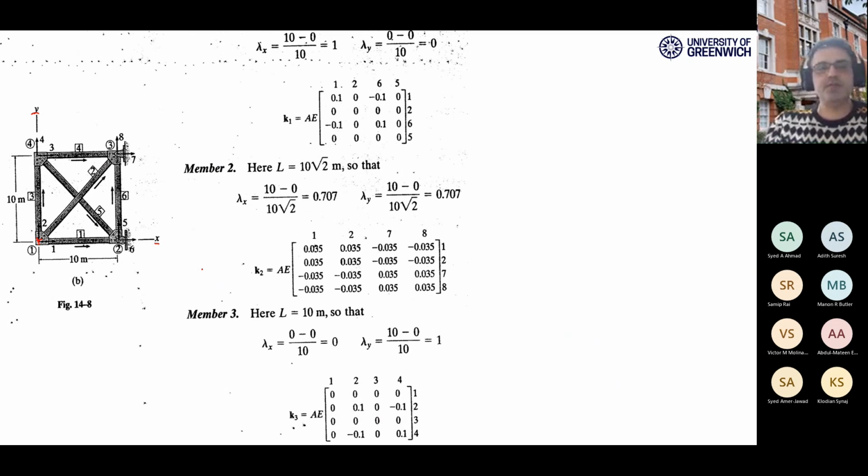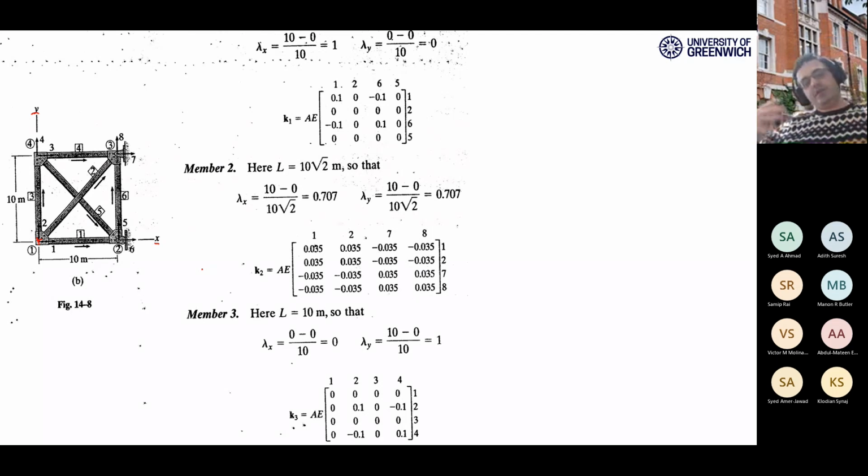You are free to choose any other coordination system, and I strongly recommend all of you to repeat exactly this example by putting the coordination system somewhere else, wherever you like. Put the origin on point number 3, for example, or 4 or 2, or in the middle of the structure, and try to repeat all the steps to see what happens.